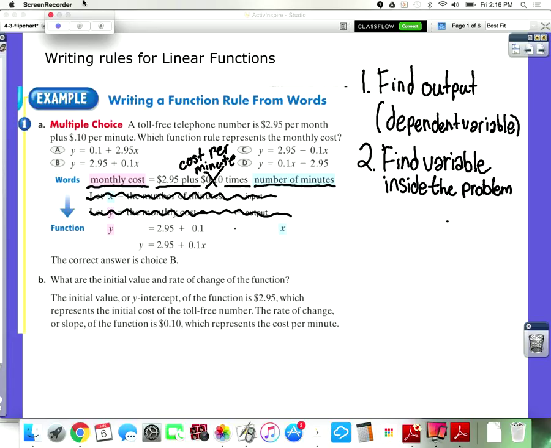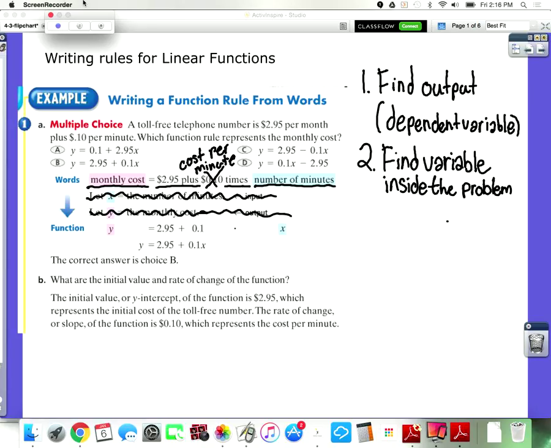What's another name, do you think, for initial value? If I just say it a different way than what you say, I still could be right. How would you say y-intercept in a different way? The initial value is also known as the y-intercept when you're graphing it.